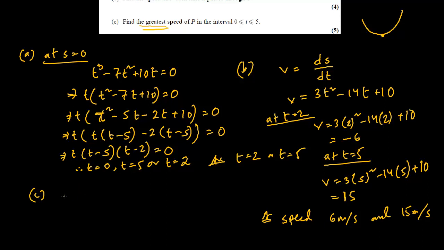So the gradient of velocity is dv by dt, which is going to be 6t minus 14 plus 0. You write that at the maxima or minima, or at the turning point or the stationary point, dv by dt, or the gradient, is equal to 0.